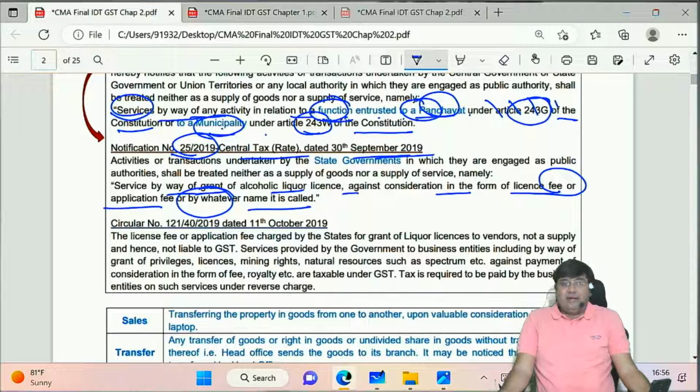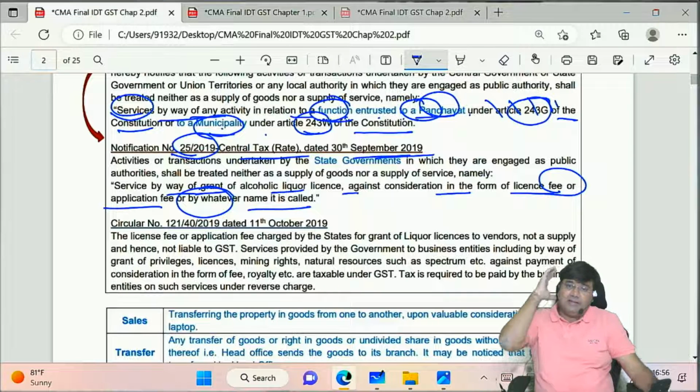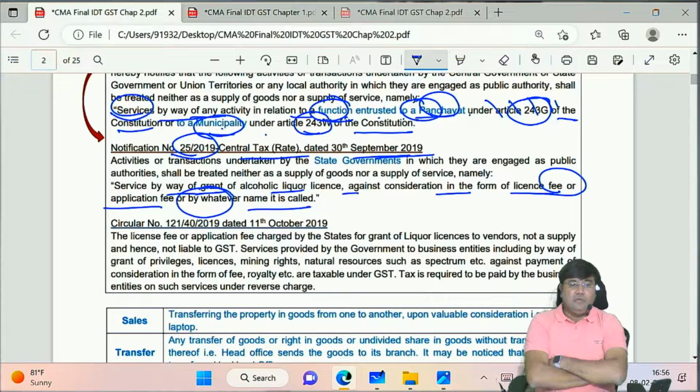Can you do that? The answer is no. You cannot open an alcoholic liquor shop and start selling alcoholic liquor. You have to take a license from the state government, and the license does not come free. In fact, for selling alcoholic liquor, the state government normally auctions the license.